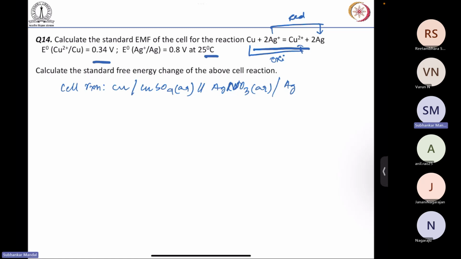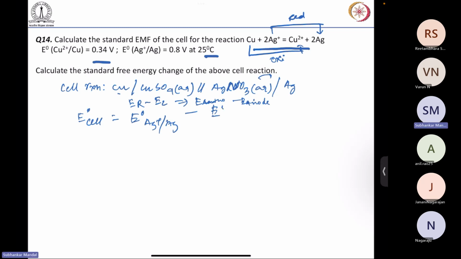Now it is easy. How can you write E standard cell? That is E naught of Ag+/Ag minus, because what you can write is E right minus E left, or you can write E cathode minus E anode, because this is the cathode reaction where Ag+ is going to Ag, reduction is happening, and this is the anode reaction, copper is going to Cu2+.